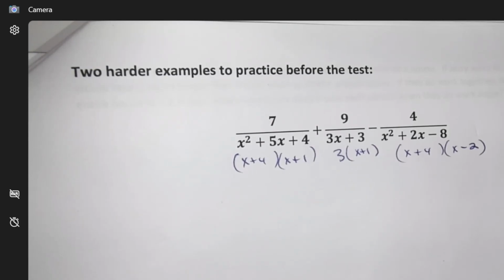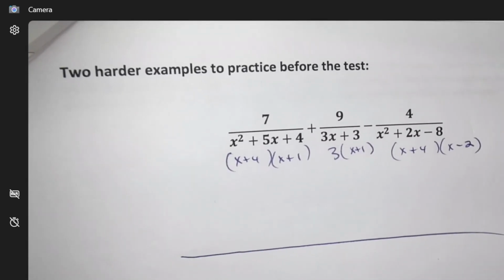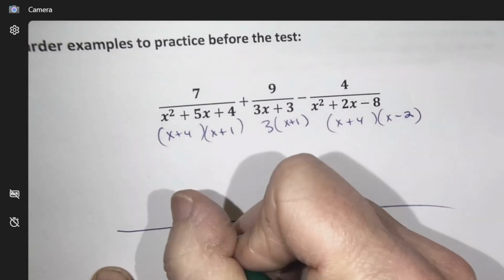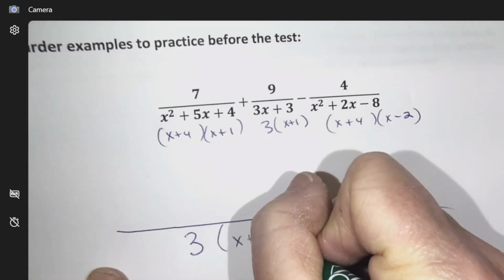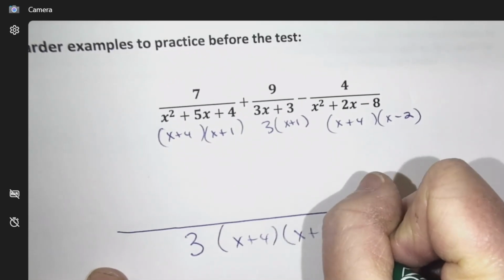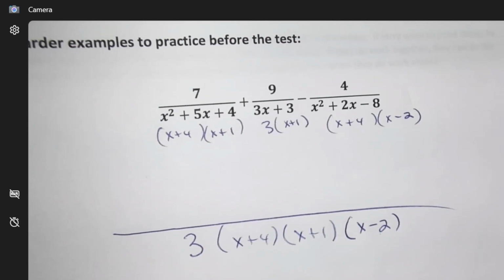Okay, everybody's good with their factors matching? Okay, so let's pick a bottom. I need a 3 GCF'd out. I need an x plus 4, an x plus 1, and an x minus 2.